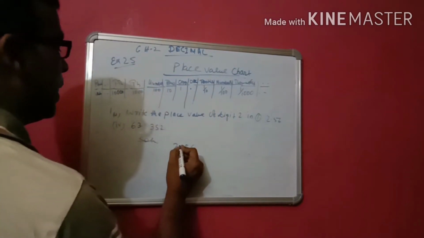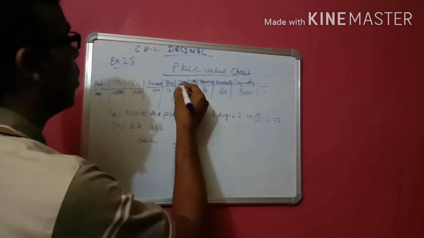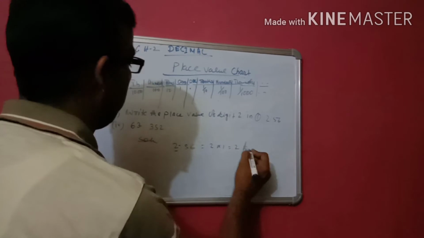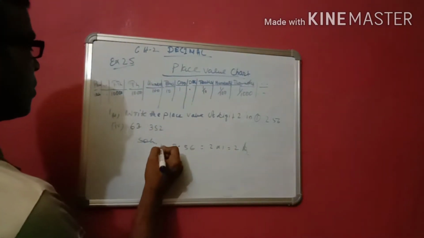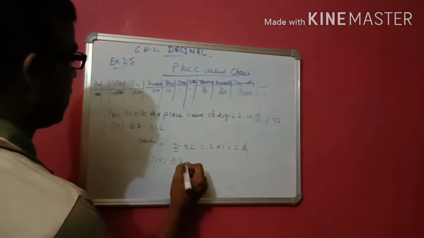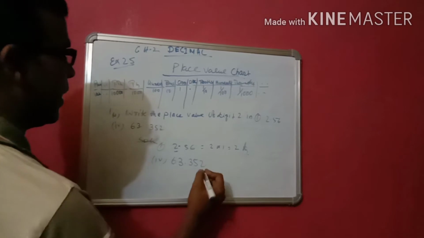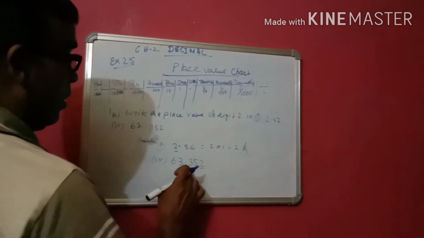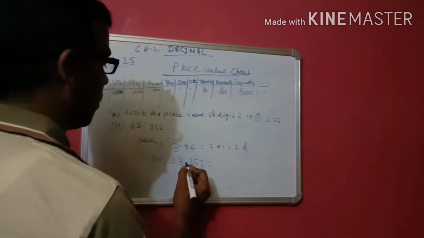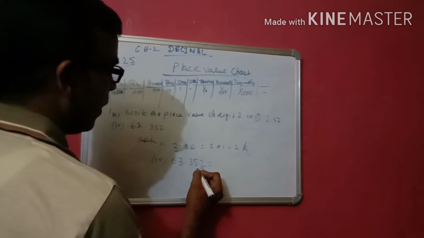In 2.56, the 2 is coming just before the point, so it is holding the ones place. So we write 2 into 1, that is 2. Now for 63.352, see the digit 2's place. After the point, first tenths, then 1 by 100, then 1 by 1000.